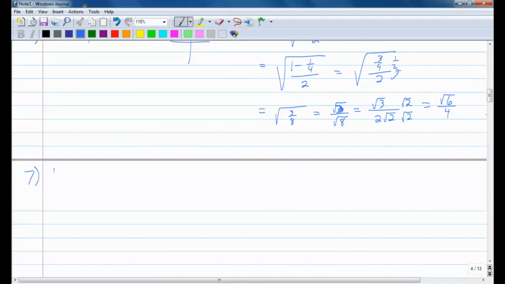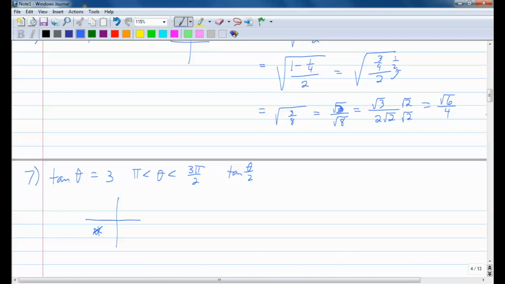Alright, number 7. Tangent of theta equals 3. Theta is greater than pi, less than 3 pi over 2. Let's find the tangent of theta over 2. We are told that theta is in the third quadrant.